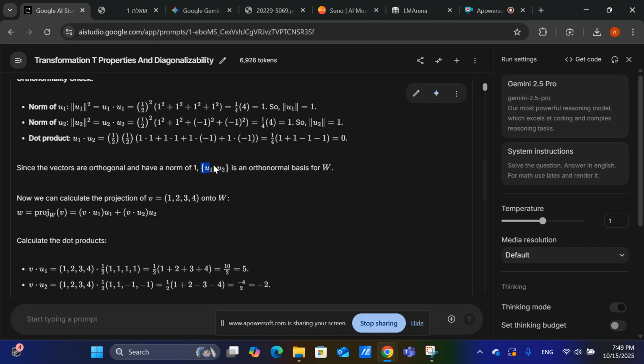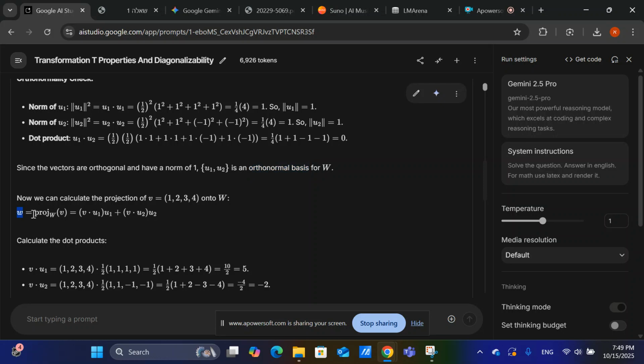So we can say that these two vectors are just orthonormal bases for W, so it will be much easier to project a vector onto an orthonormal base using Fourier coefficients.